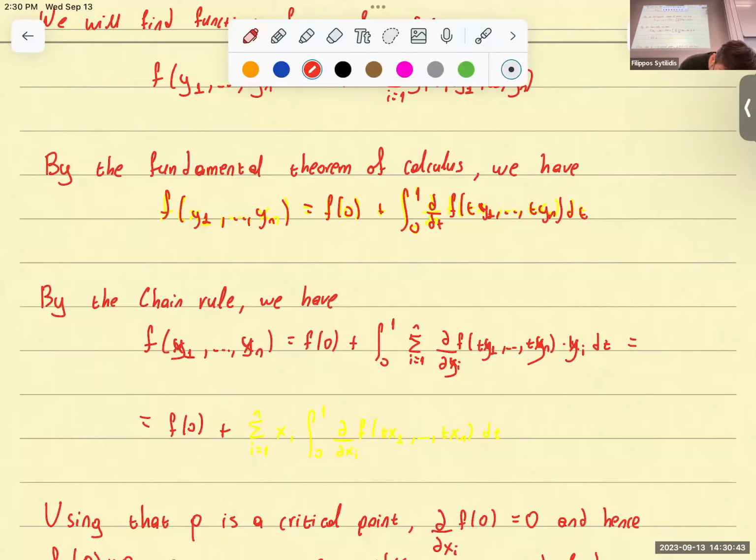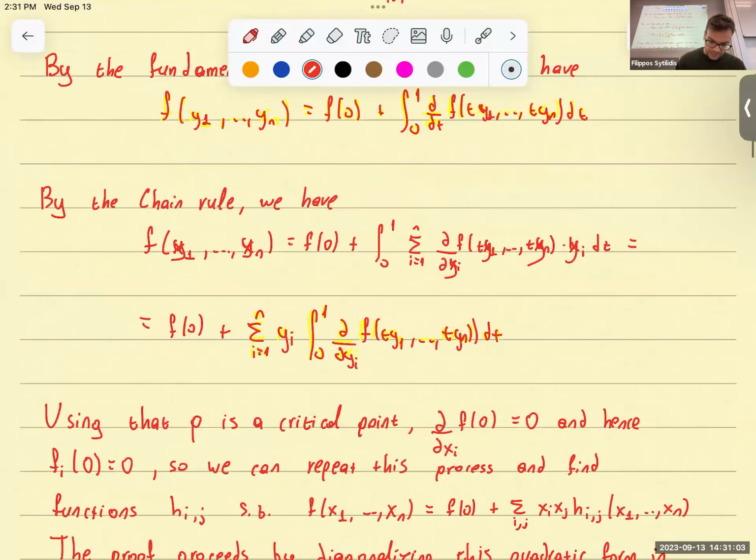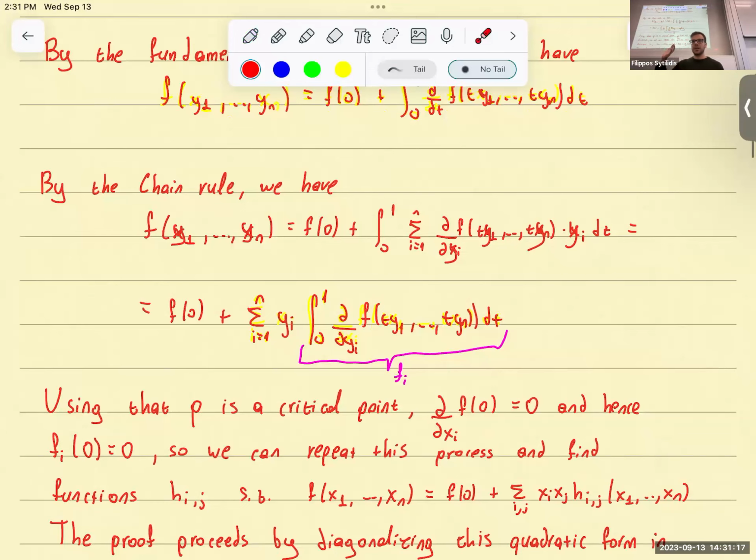I'm doing this probably in much more detail than is required. So that's what I am ending up with, and I'm now taking these to be my fi's. I don't know if it made sense, what happened here.